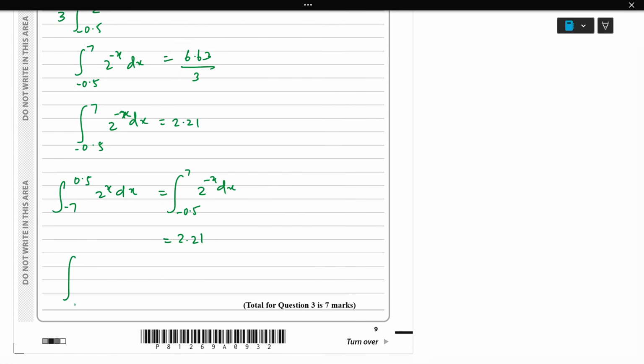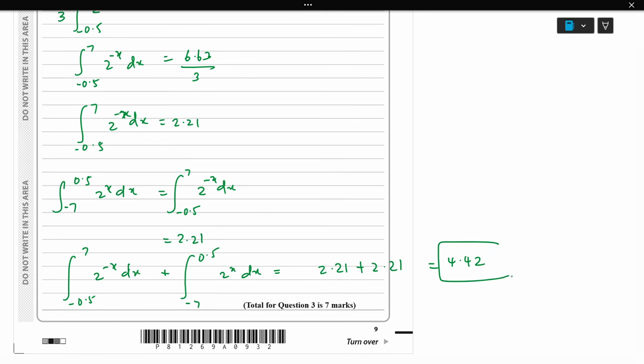So finally, the integral of 2 power minus x dx plus the integral from minus 7 to 0.5 of 2 power x dx equal to 2.21 plus 2.21, which is equal to 4.42. That's the final answer here.